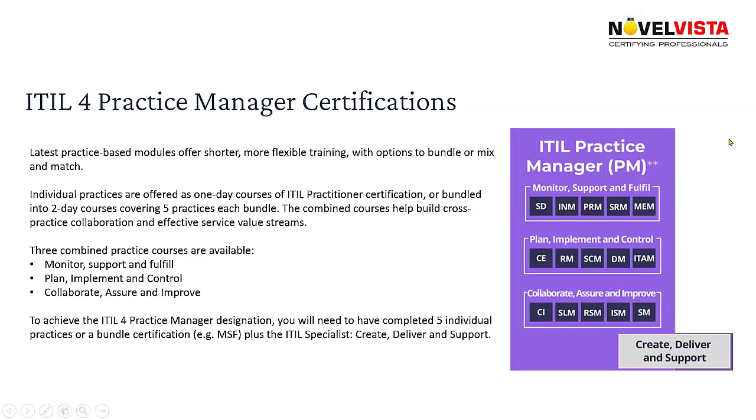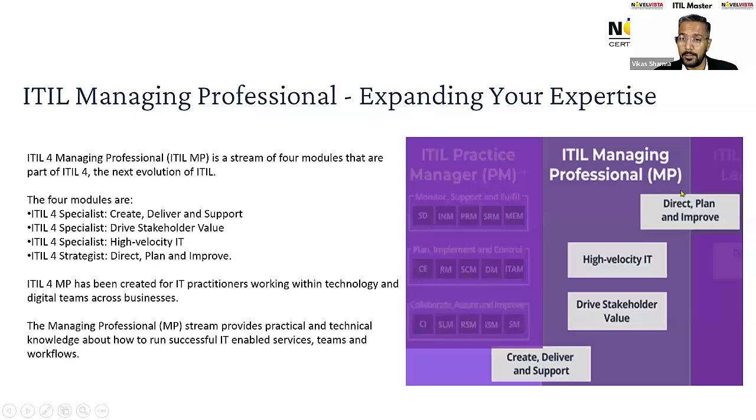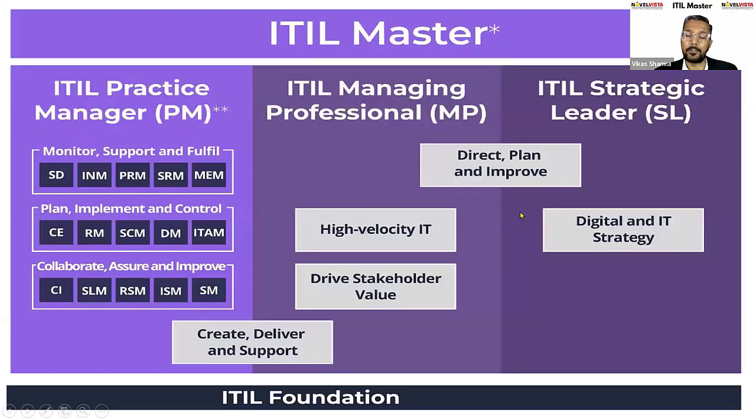Yeah. All right. And out of these certificates, which one talks about the governance part more? Oh, governance. It is DPI. Wait, let me. Do you see this slide? Or maybe I go back to our bigger picture. This one. Do you see this? Okay. So this DPI, direct, plan and improve, talks about governance, risk, and compliance. And along with that, if you want to go to the next level, then digital and IT strategy will define the digital strategy for the organization.